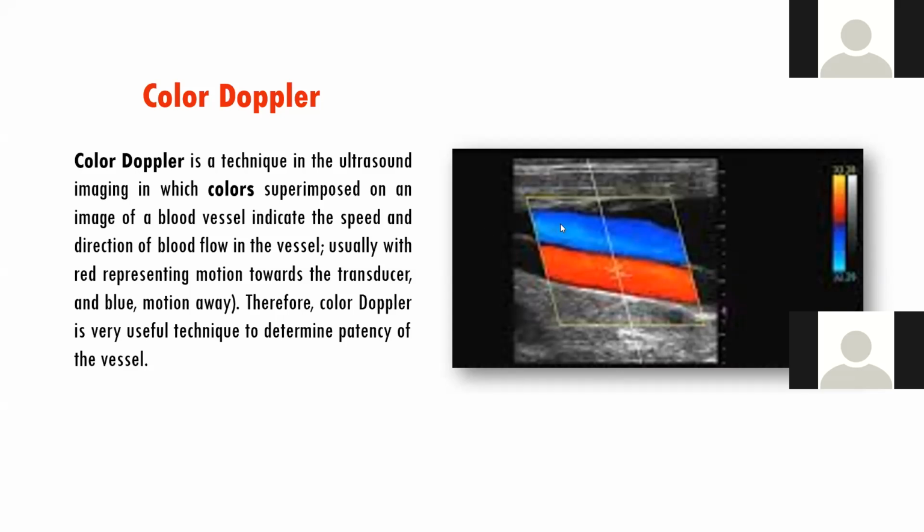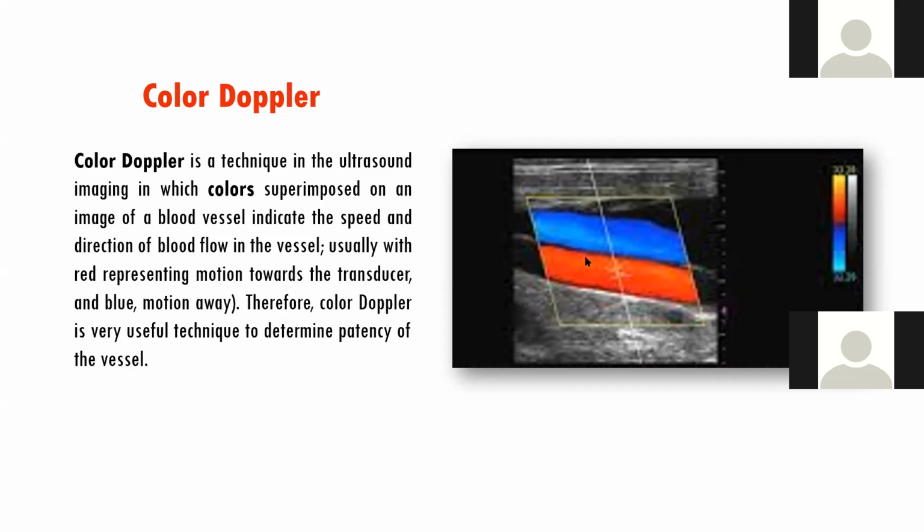In most places in our body, an artery has a corresponding vein. If this is the superficial femoral artery, then this will be the superficial femoral vein. In the artery, blood flow is away from the heart, and in the vein, blood flow is towards the heart.